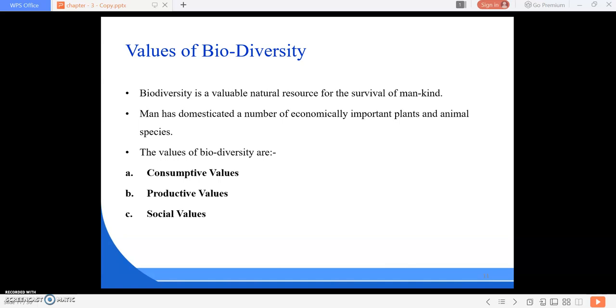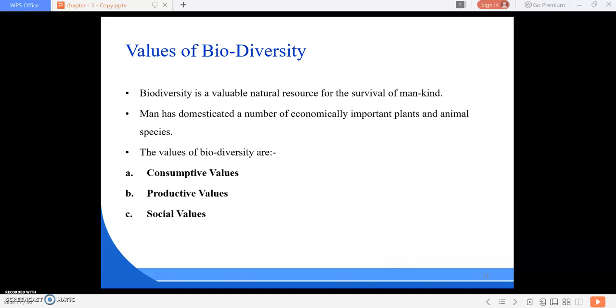Biodiversity is a valuable natural resource for the survival of mankind. Man has domesticated a number of economically important plant and animal species. Old traditional varieties and the wild relatives of domesticated plants and animals constitute vital genetic resources for us.